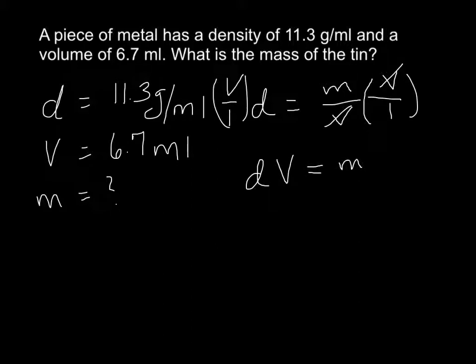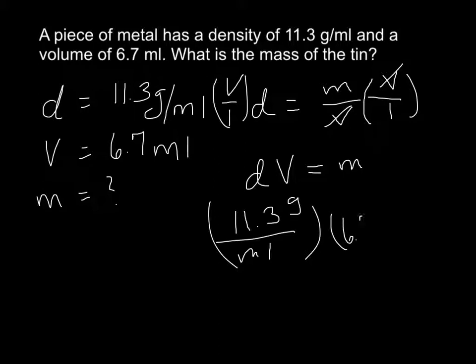So let's write that out. Well, we know the density is 11.3 grams per milliliter, and we know that the volume is 6.7 milliliters, like 6.7 milliliters over 1.